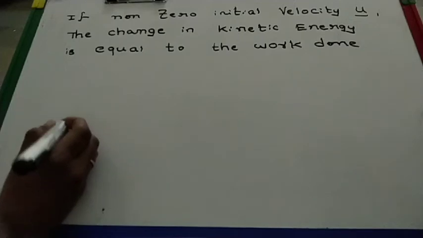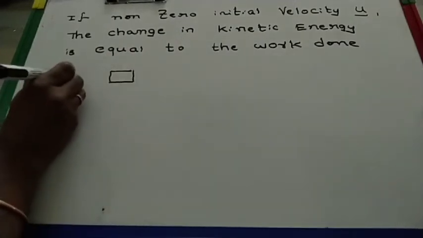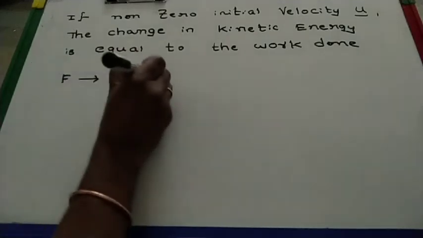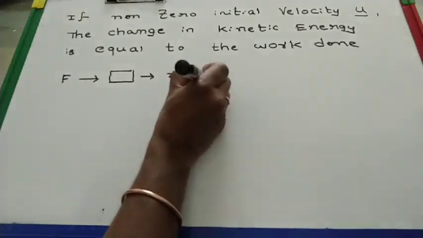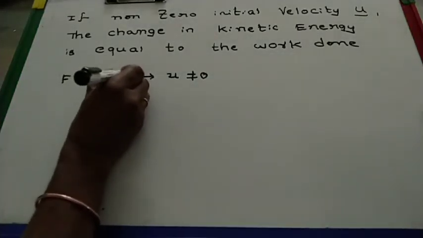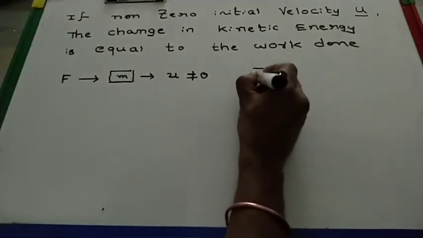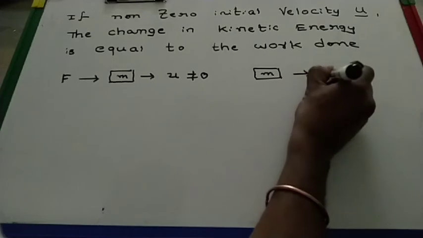That means take a body, we applied a force, initially its initial velocity u not equal to 0, that means it is already in motion, its mass is m. Now it acquired a velocity v.